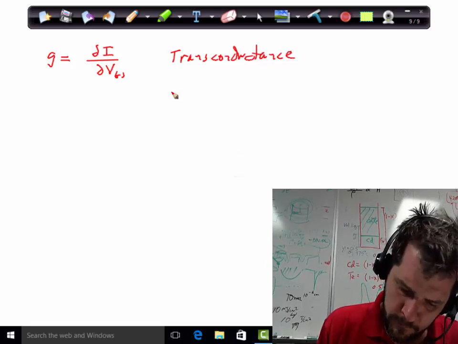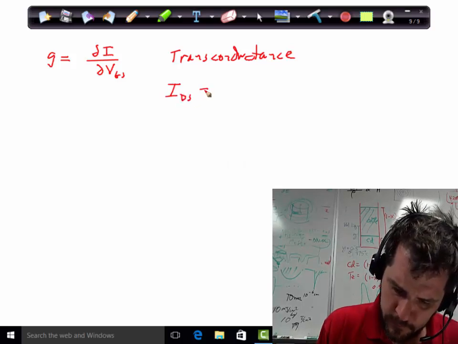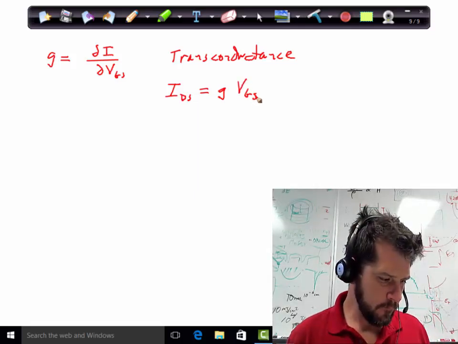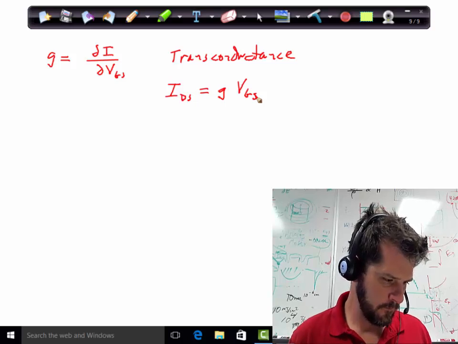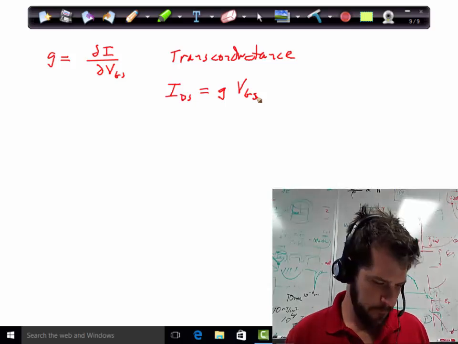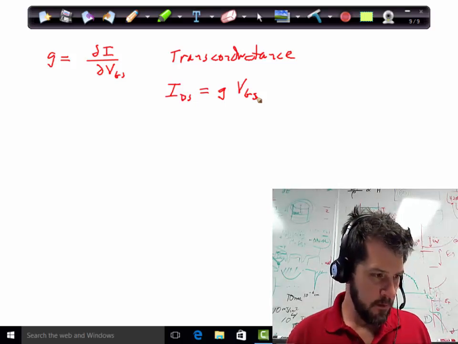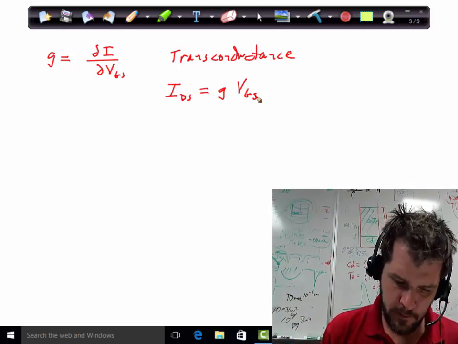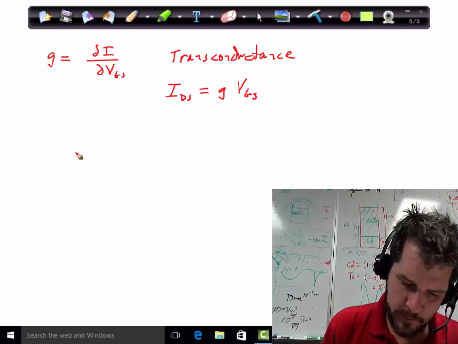And remember, if we go back to our definition, we have G times V gate source. The next thing I want to talk about is the subthreshold swing, or the subthreshold slope.